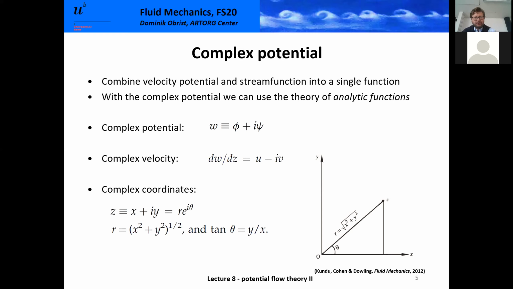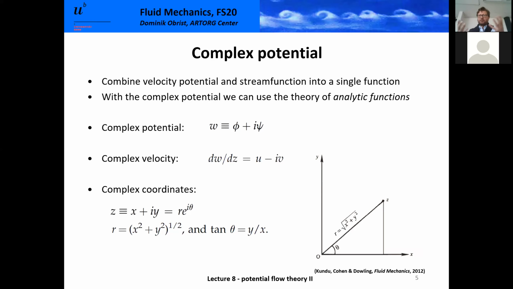So the complex potential, usually it's called W, is defined as the sum of the classical potential function plus the stream function for the same flow times i, where i is the complex number. So you can take the real part of W and you get the potential, or you can take the imaginary part and you have the stream.